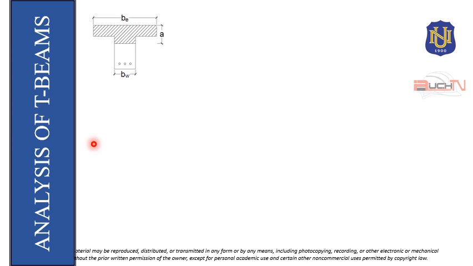So, ibig sabihin, ang kukunin natin kasing centroid is coming from the top papunta dun sa centroid niya. Let's say that is y bar.